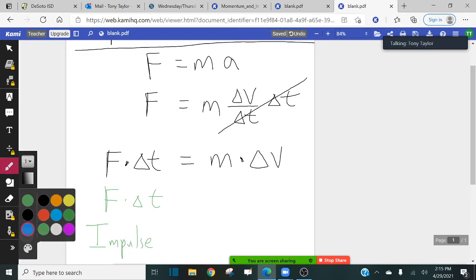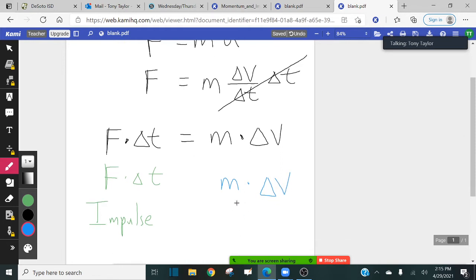Look at the right-hand side of this equation. Mass times delta V. Can't draw mine right. What does this right-hand side remind you of? What is the product of mass and velocity?